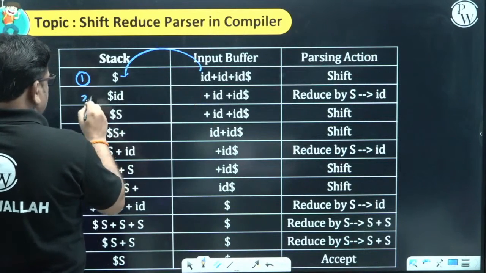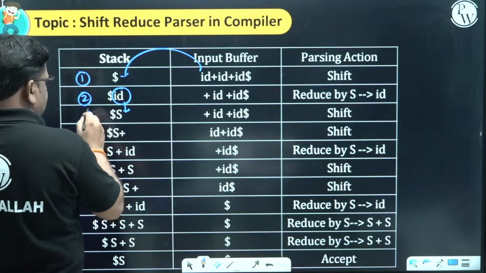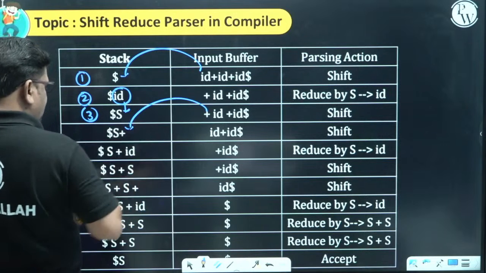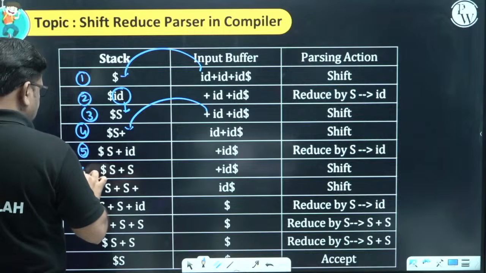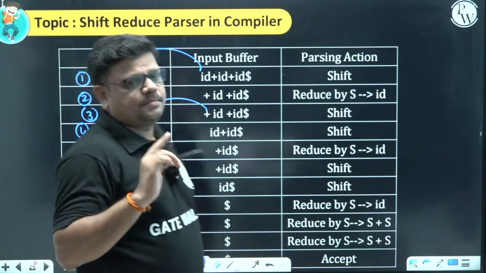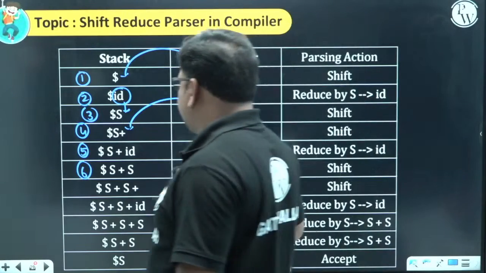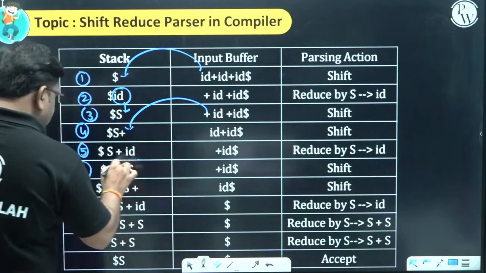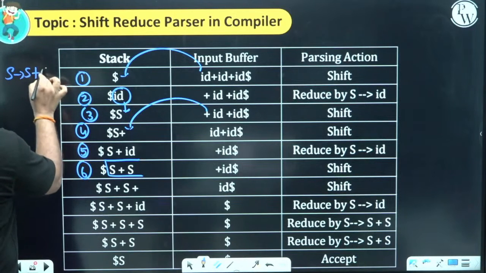Shift, there is a handle, reduce. Then shift, there is a handle, reduce. In this case, sometimes if it is a normal shift reduce parser, the problem is, look at this. This is our grammar production we have taken already.